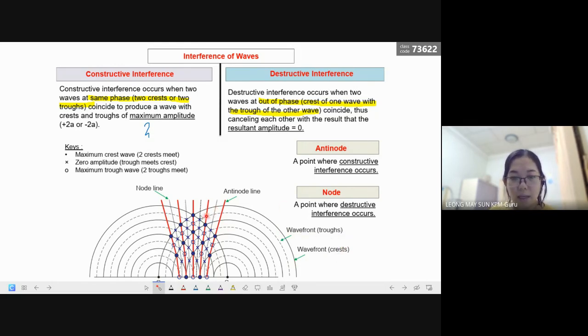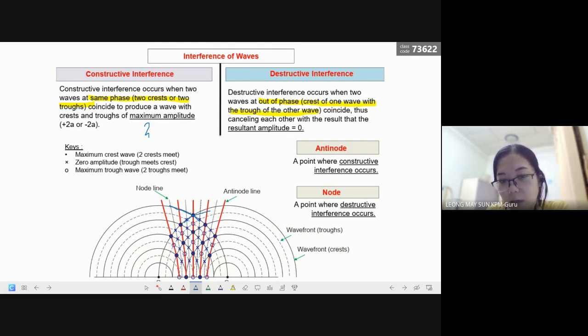If you look at the interference pattern over here, why is the interference pattern located here? Because this is where the wave from the first source and the wave from the second source overlap. At this point, the solid line of the first source overlaps with the solid line of the second source.